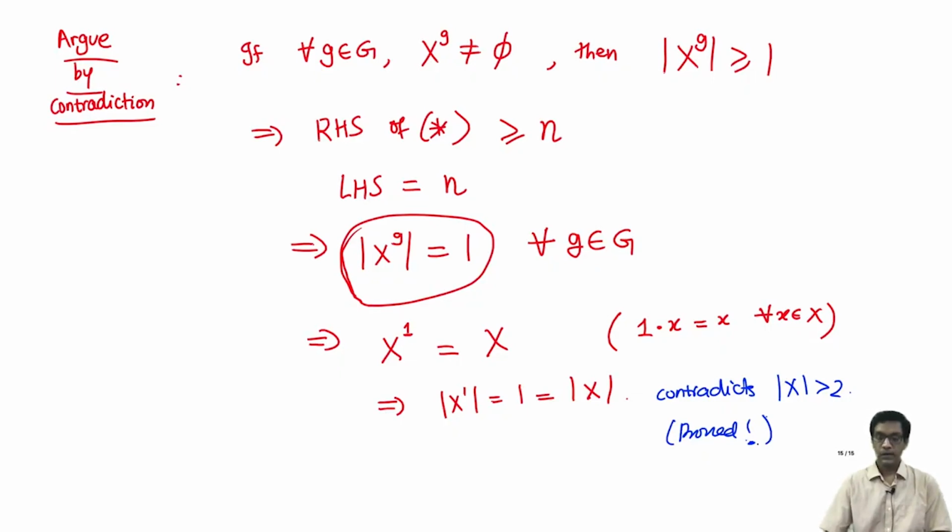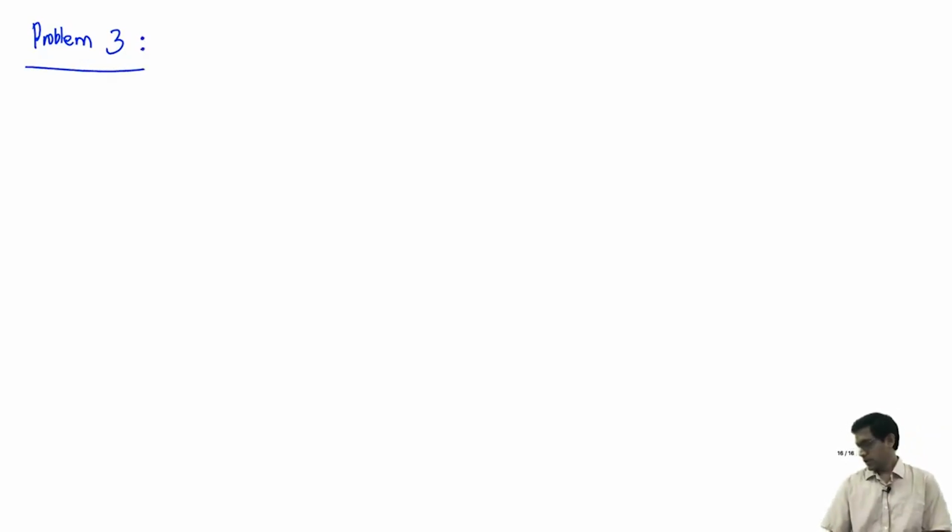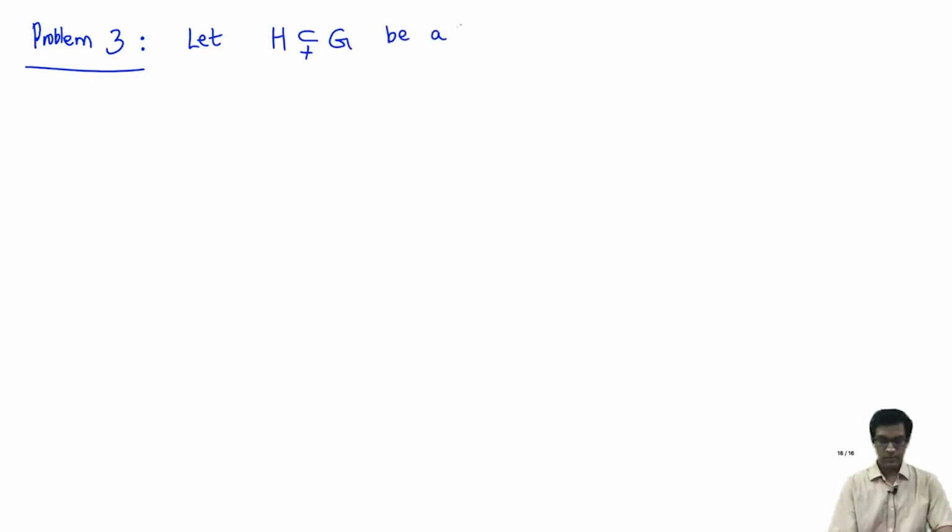Okay, now let's do one more problem which is very closely related to this one. So problem 3. It says the following: suppose I take a group G, and let H subset of G be a proper subgroup.